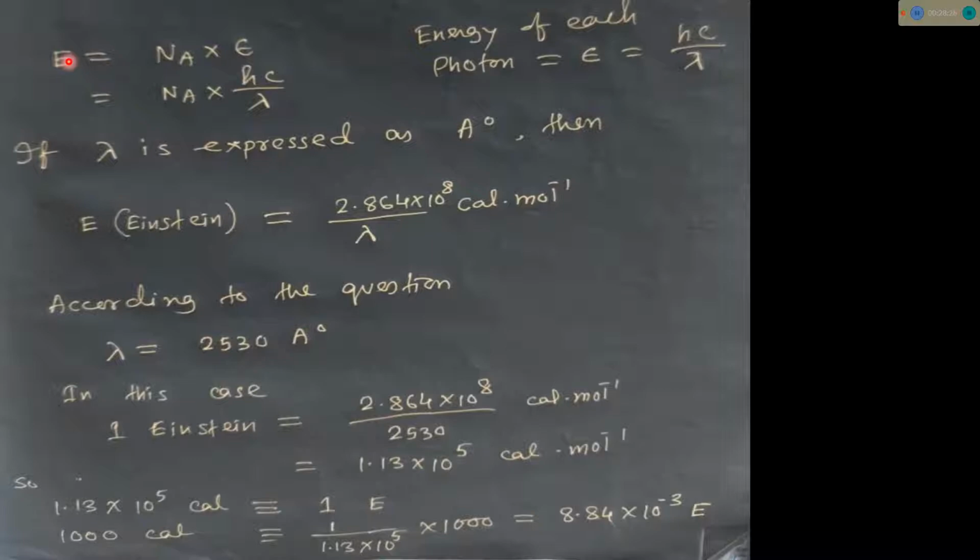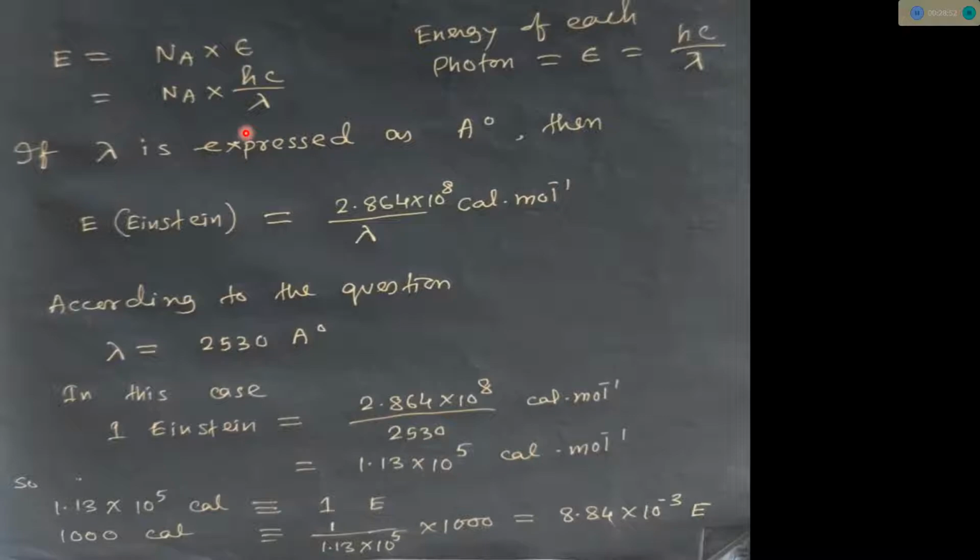So this E, the Einstein, equals Na, Avogadro number, into epsilon. This epsilon is the energy of each photon, and the energy of each photon is epsilon equals hc upon lambda. Now one Einstein can be written as Na into hc upon lambda, meaning Na into epsilon, meaning Avogadro number of photons.